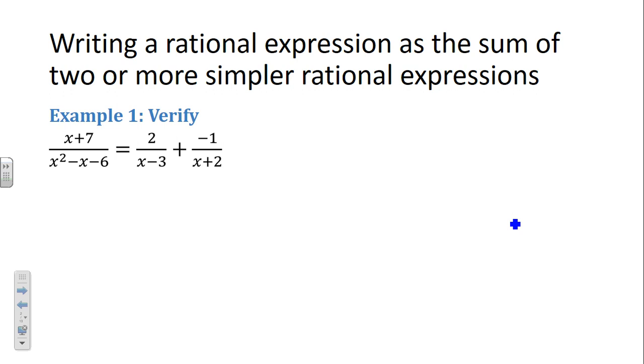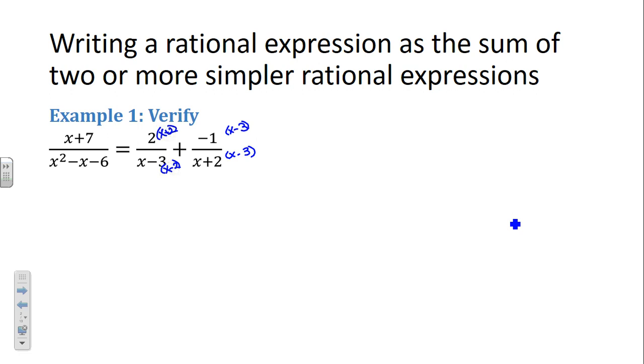This one is missing an x plus 2, and this one's missing an x minus 3. So this is being multiplied by x plus 2. That way it will have a common denominator of x minus 3 times x plus 2. And this one needs to be multiplied by x minus 3. So it also gets that same common denominator.